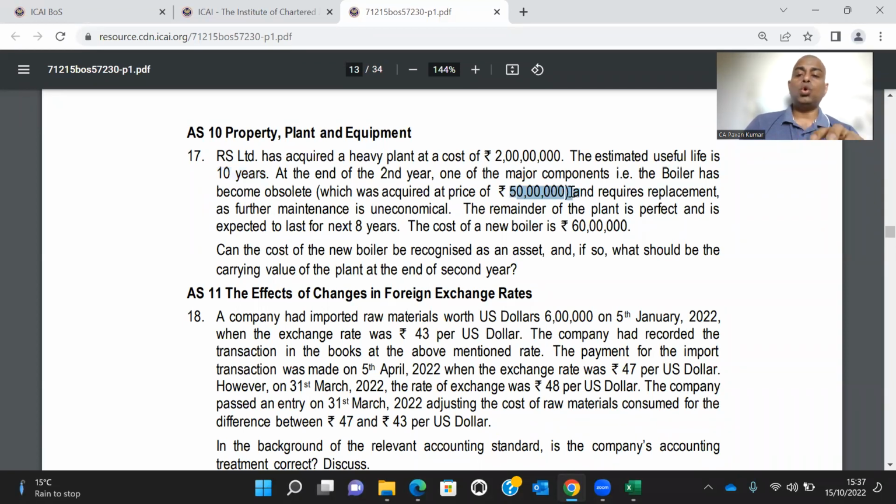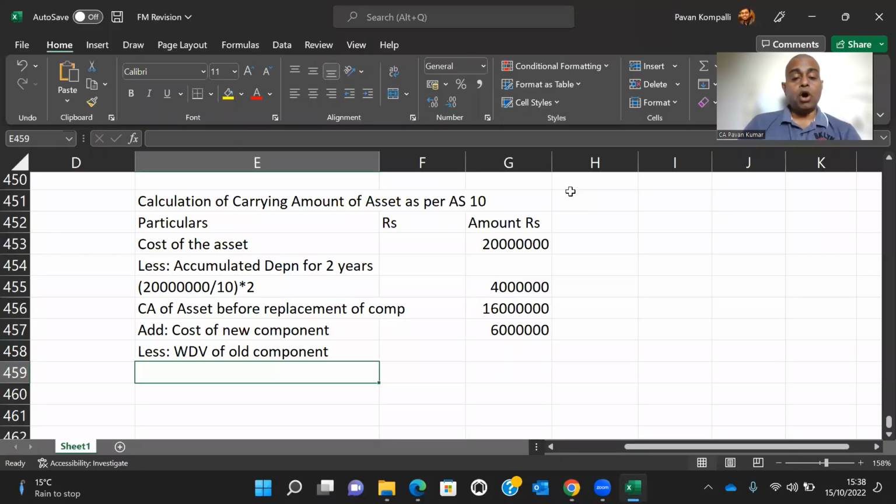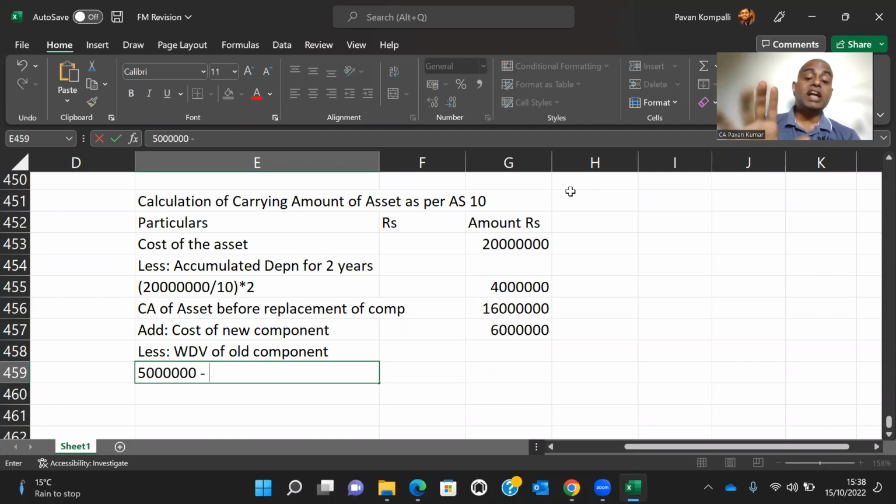Pavan sir, there is no additional information given about the boiler. So I assume that this is also having 10 years. So out of 10 years, you have used this for 2 years. Correct? So boiler 50 lakhs minus accumulated depreciation. What is accumulated depreciation? 50 lakhs divided by 10 years into 2 years.